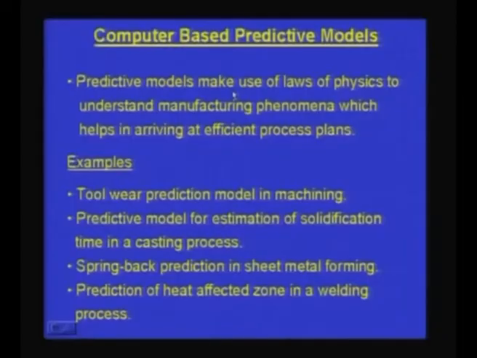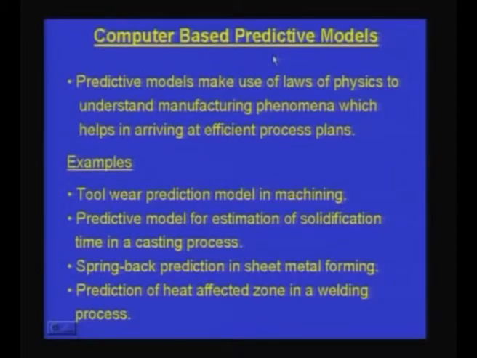Now, as a part of process planning, many a time the process planner has to take decisions which require understanding the manufacturing phenomena, or you can say the scientific basis of a manufacturing process. In these situations one can use what are called predictive models.